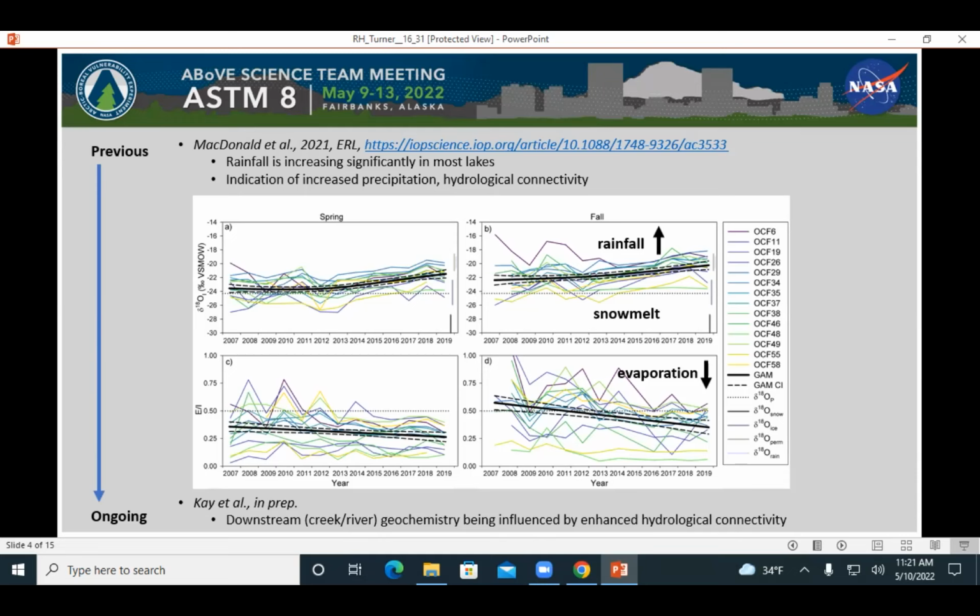This is giving us an indication of the overall landscape without actually looking at the remote sensing at this point. This is telling us that we're getting more hydrological connectivity laterally across the landscape. And it's an indication that it's also being primed for continued disturbance and change. Next slide.